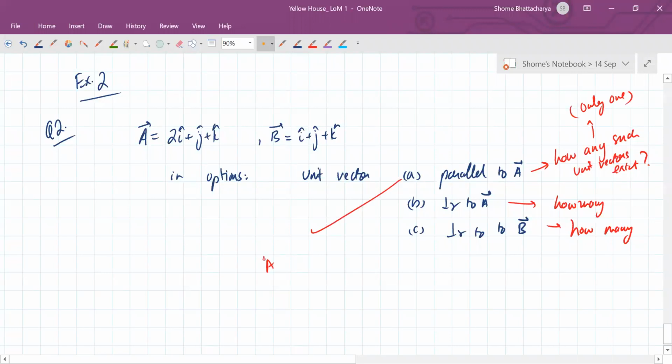It is A cap. So it is vector A divided by mod A. So it is 2 i cap plus j cap plus k cap divided by root 6. Correct? So there's only one unit vector which is parallel to A.